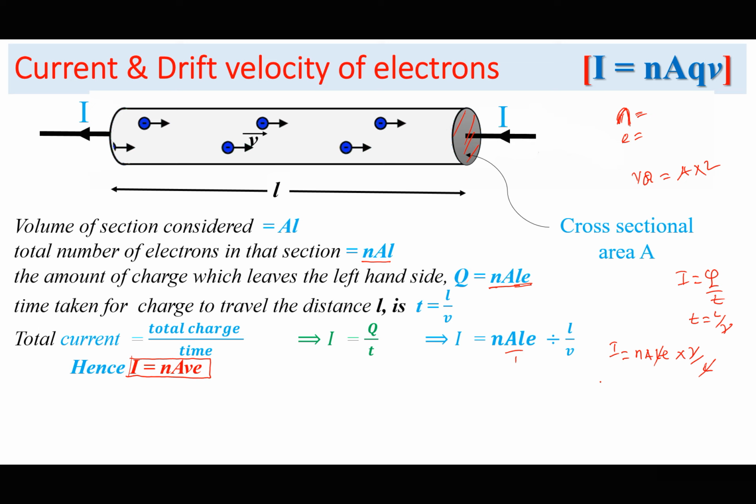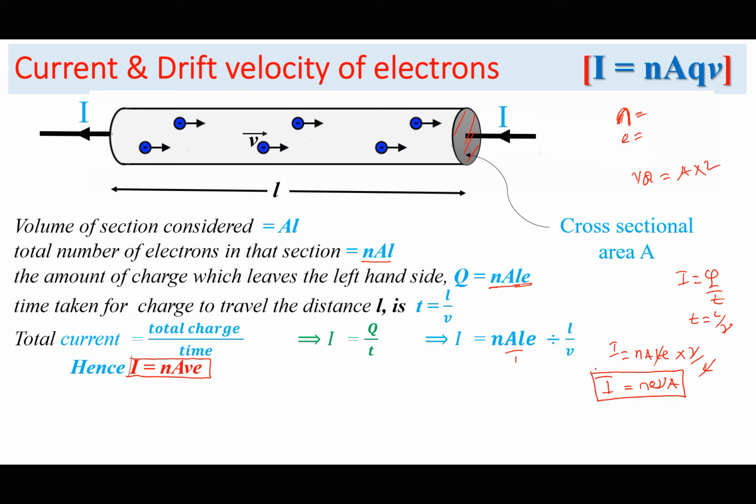So my students prefer to write it as simply current equals NEVA, because this is easier for them to remember, where N is the number of free charge carriers per unit volume, E is the charge of the electron, V is the average drift speed or average drift velocity, and A is the cross-sectional area of the conductor.